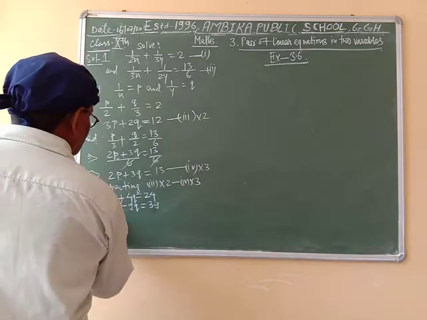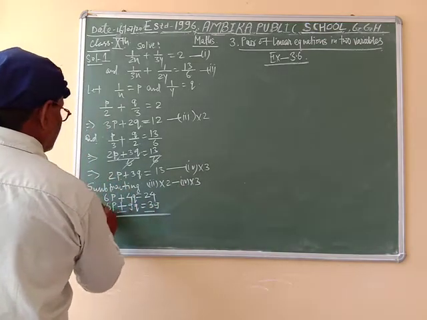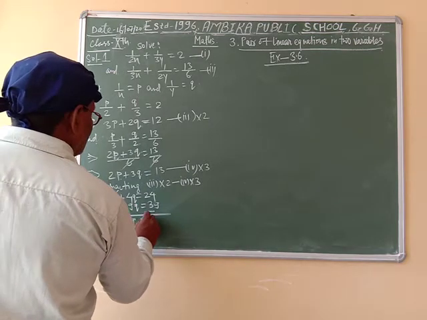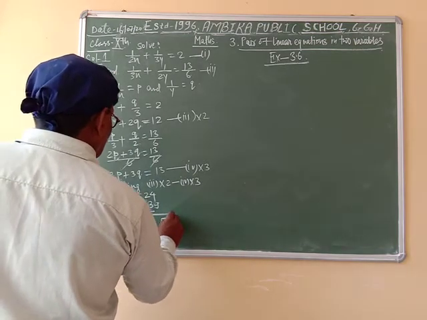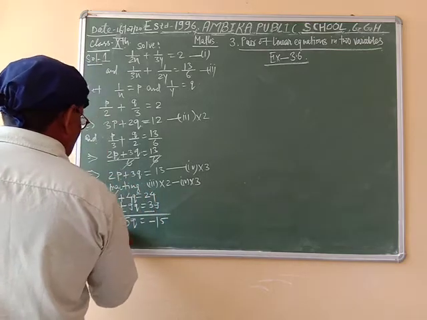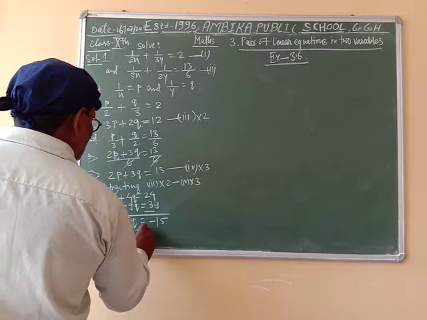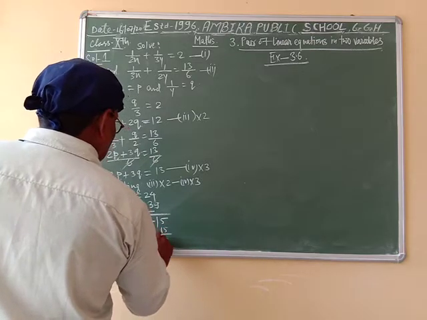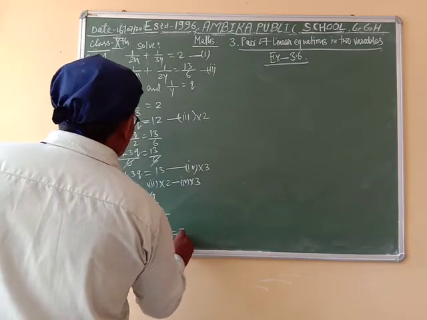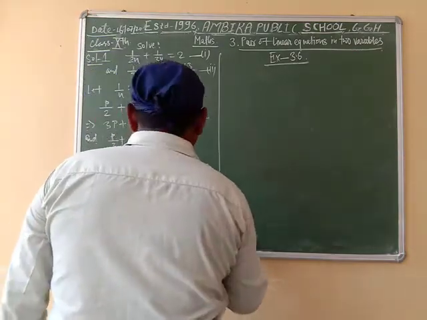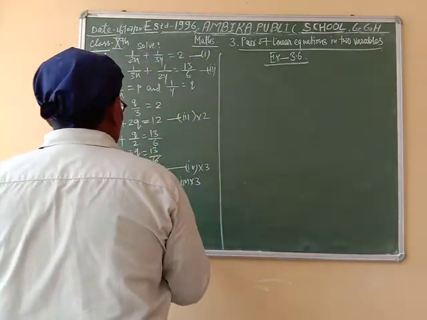Subtracting, minus 5q is equal to minus 15. Yes, q is equal to minus 15 by minus 5 is equal to 3. So q is equal to 3.